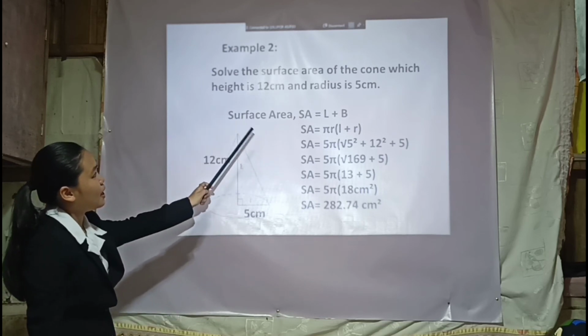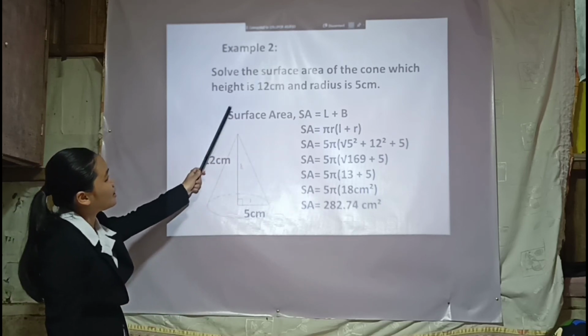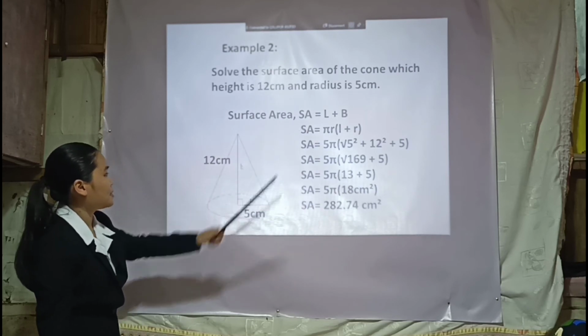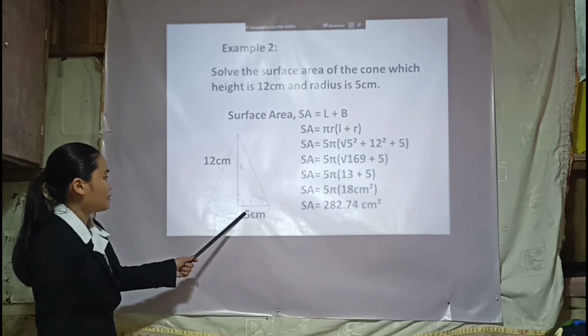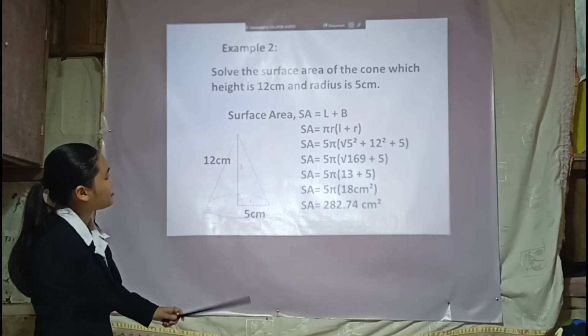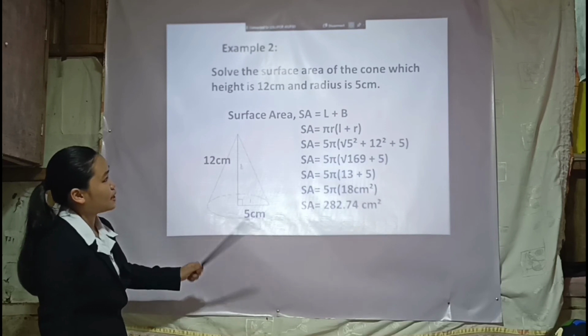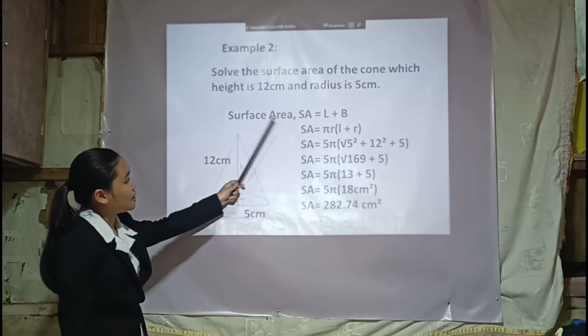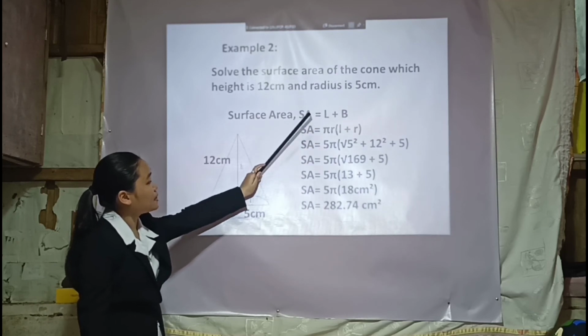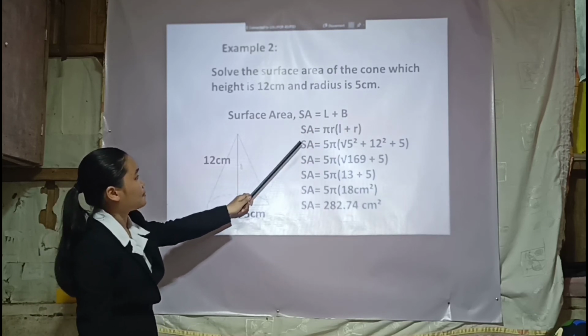Solve the surface area of the cone whose height is 12 cm and radius is 5 cm. Radius 5 cm, height 12 cm. We will use the formula. Surface area, or SA, equals lateral surface area plus base.